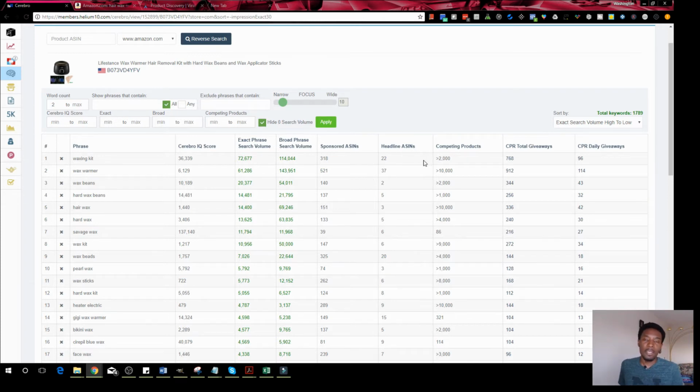Headline ASIN, same thing, the number of sellers who are running headline ads for the given keyword. And then this competing product shows the number of sellers who are selling the product and targeting this given keyword.